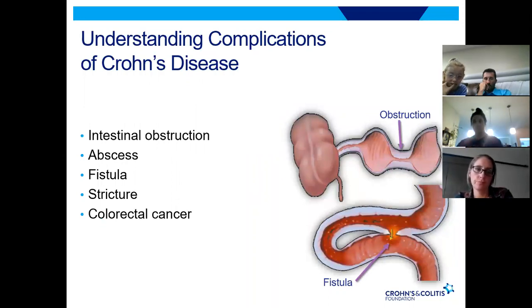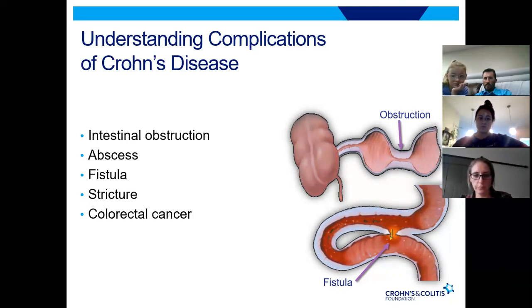There are complications to this disease, and we try to treat to prevent these complications. But especially Crohn's disease early on is a very inflammatory disease. And as the disease progresses, it turns into a more stenosing disease that can lead to obstructions. So it's better to treat early on when the disease is inflammatory rather than let it progress to obstructive disease with strictures.